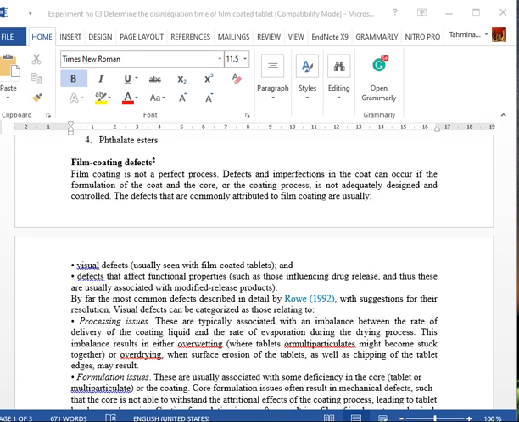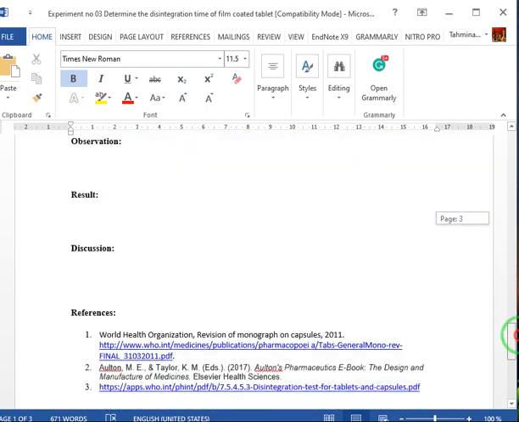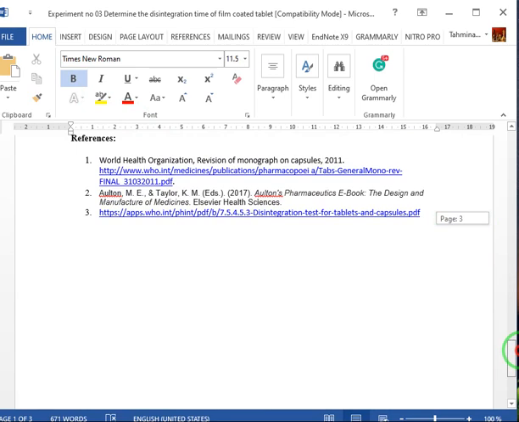Definitely, if we do film coating on some solid dosage form, there may be chances of some film coating defects, which we take from the book Alton.